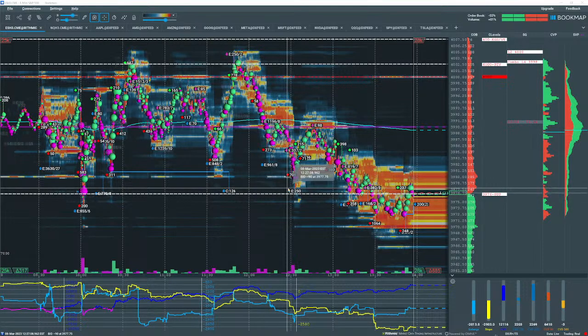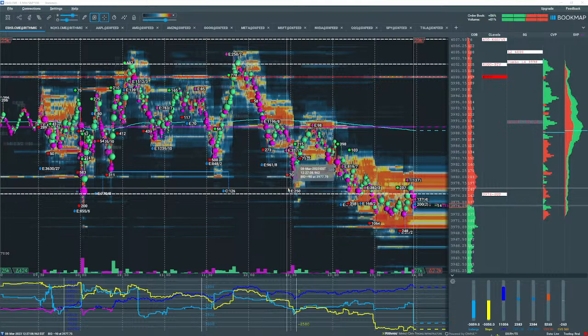For SPX, the volatility trigger dropped from 4,025 yesterday to 4,005 today. The SPY volatility trigger dropped from 404 yesterday to 400 today. And for QQQ, the volatility trigger had a minor drop from 301 yesterday to 300 today.